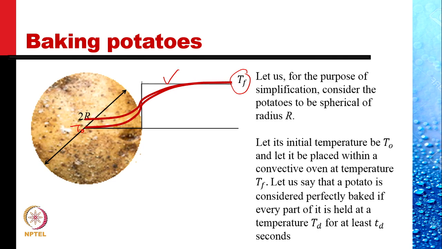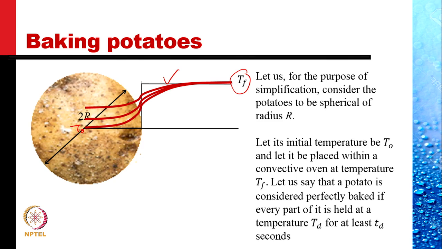At a little larger time, the temperature at the center would also start rising. Temperature everywhere in the potato would be rising, and this might be a profile, and at a still later time, the profile may be this.